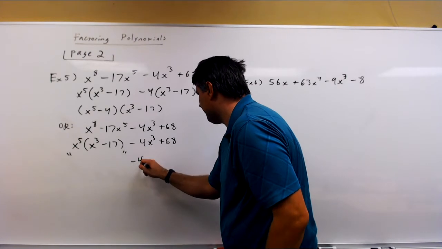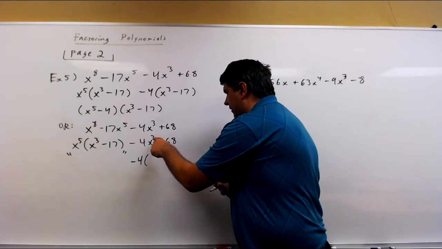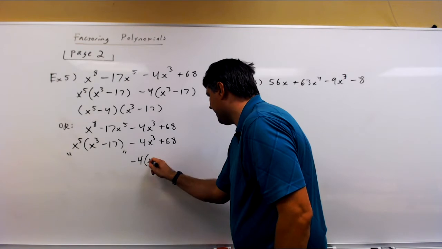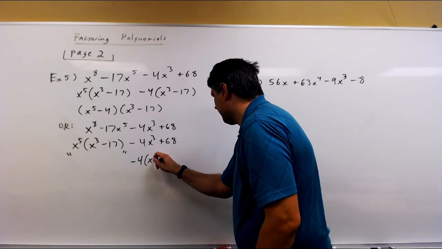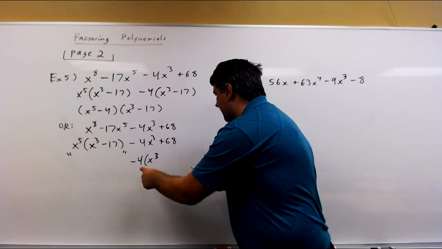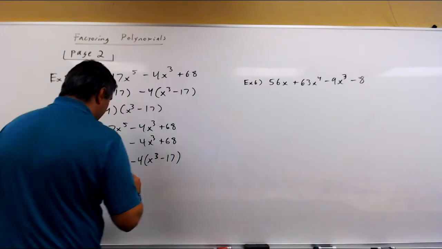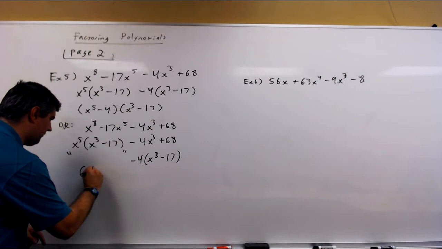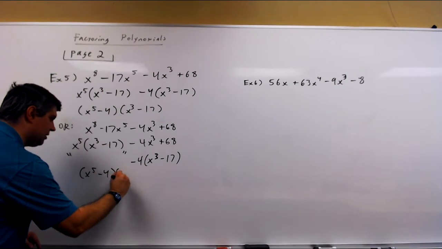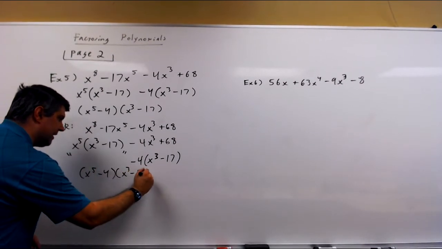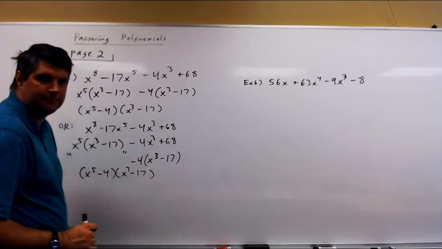They're both divisible by 4. And then I would have had x cubed, positive x cubed, and 68 divided by negative 4 is negative 17 again. So I would have had x to the 5th minus 4 times x cubed minus 17. Okay?